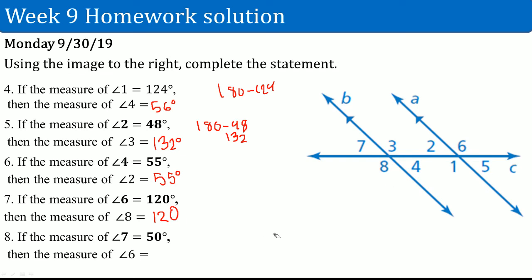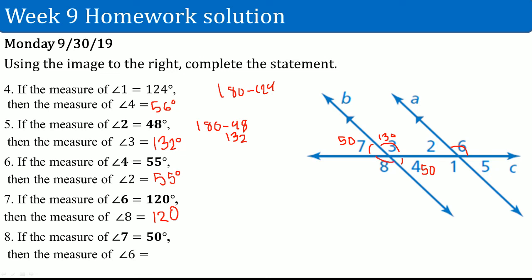Okay. What about angle 7? Angle 7 is 50. And we want to find angle 6. We want to find this angle. Okay. So we know this is 50. So this has to be 130. So this has to be right here 50.